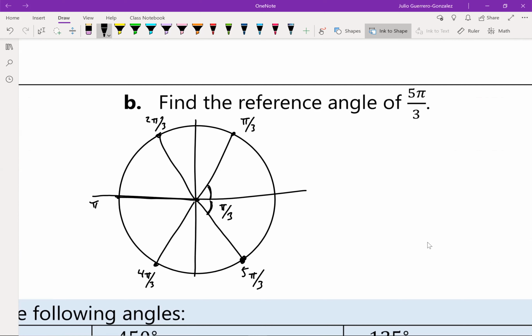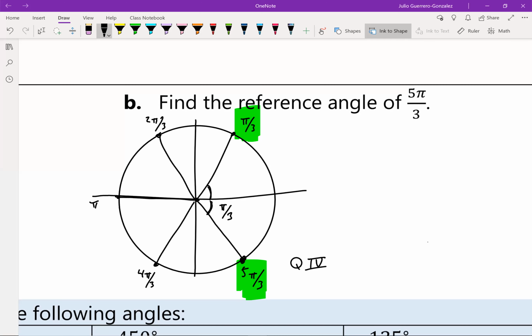So the reference angle for 5 pi over 3 is the same stuff that we're going to use for pi over 3, making the appropriate changes for 5 pi over 3 being in Q4. Does that make sense?